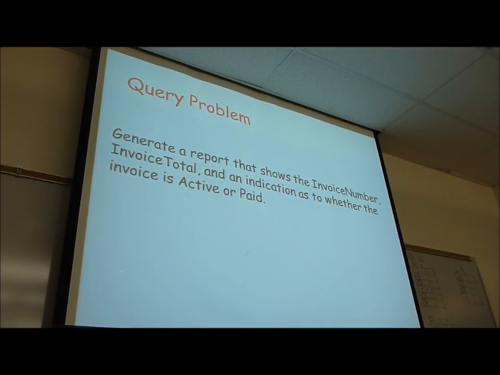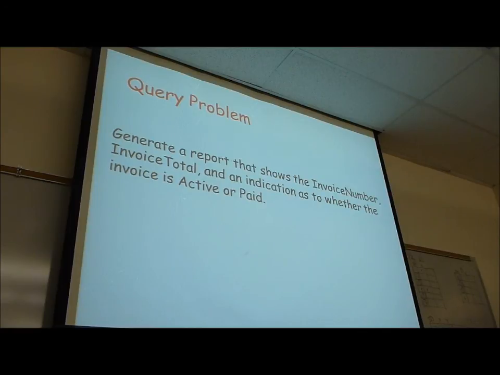I'd like to generate a report that shows the invoice number, invoice total, and some indication as to whether the invoice is active or paid. Well, how will I know whether something is active or paid? Outstanding balance.